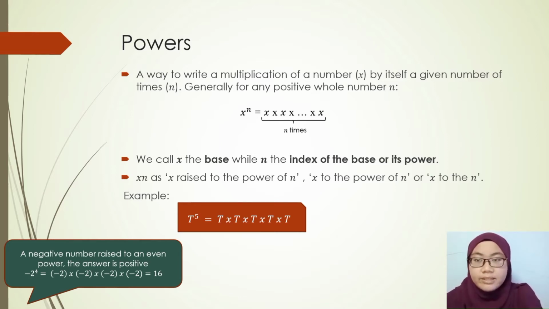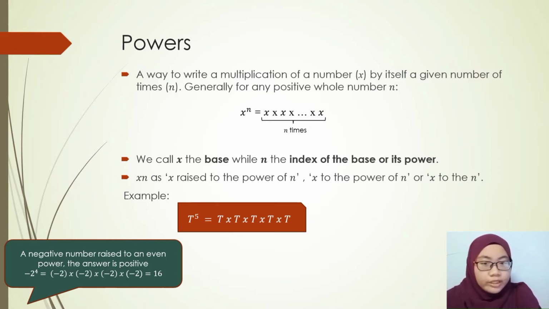We call x the base, while n is the index of the base, or its power. We would either say x^n as x raised to the power of n, x to the power of n, or x to the n. For example, t to the power of 5 equals t times t times t times t times t.